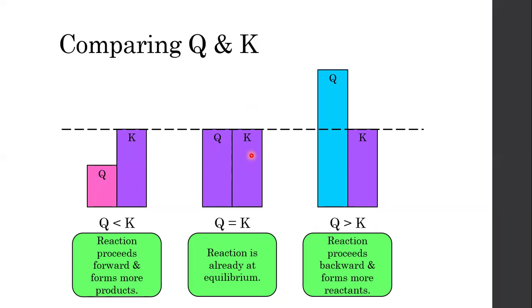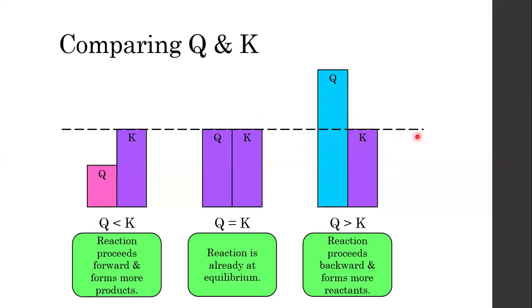However, if upon calculating we get a reaction quotient which is less than K, that means our system is not yet at equilibrium, and for it to reach that point, it must proceed forward or form more products. On the other hand, if our reaction quotient is greater than K, then the reaction should proceed backward since it's still not in equilibrium as well, and it has to form more reactants to reach equilibrium.